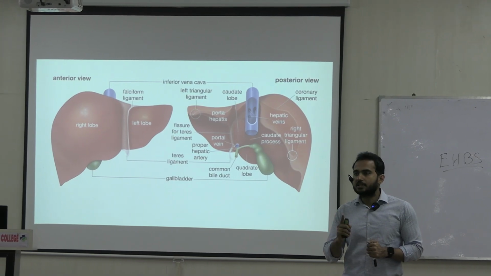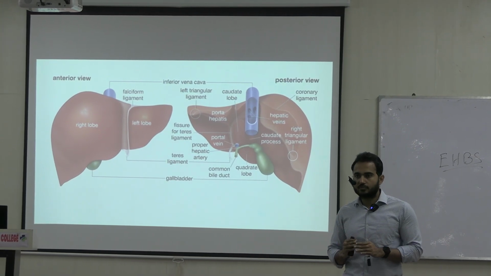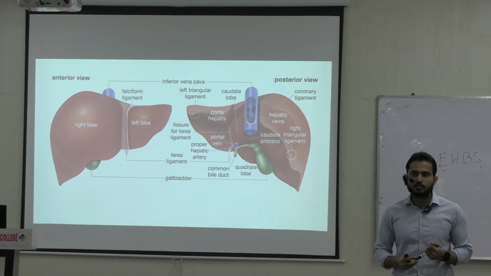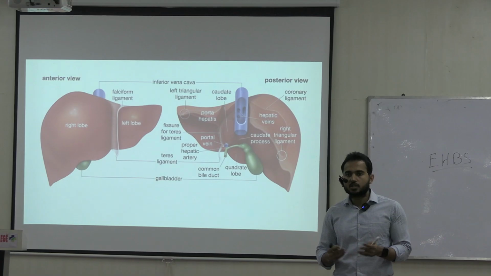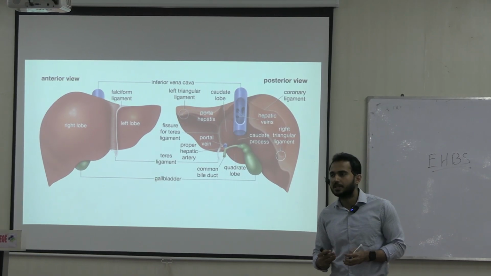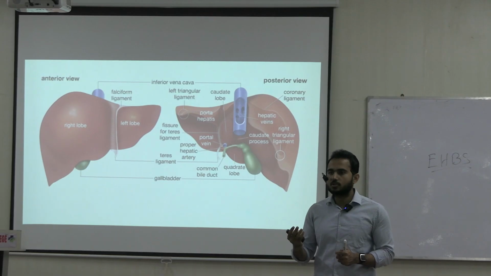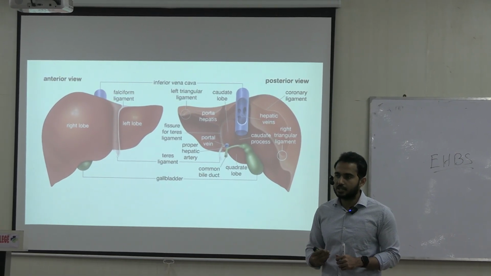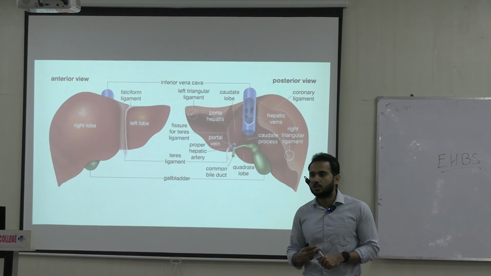So you have studied the surfaces and borders of the liver, and the relations also. Now if I ask you what are some important functions of the liver? First of all, it stores glycogen. Then serum lipid and proteins are also secreted by the liver. During intrauterine life, it acts as an erythropoietic organ.